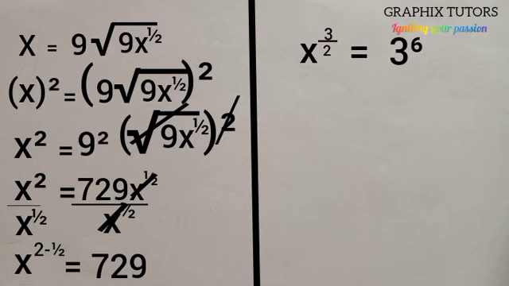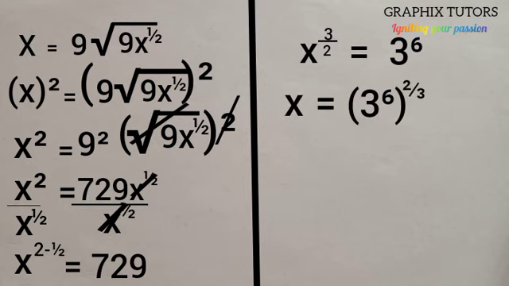The numerator becomes the denominator and the denominator becomes the numerator. That means what is on top of the division sign will go below, and what is below will go above.